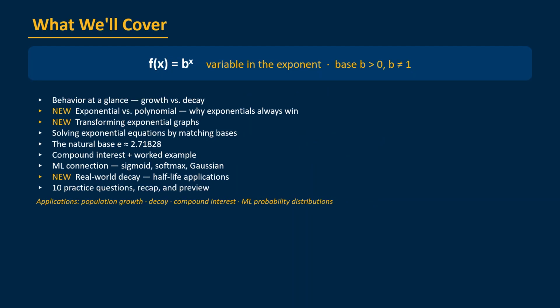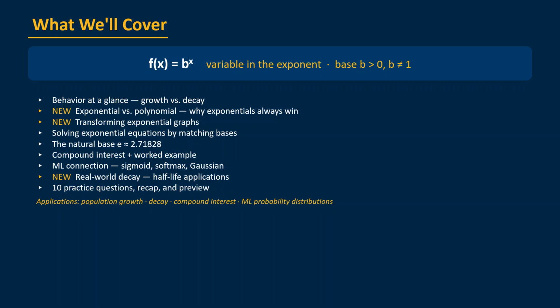An exponential function is defined as f of x equals b to the x, where the independent variable appears in the exponent and the base b is a positive constant strictly not equal to 1. This structural distinction, variable in the exponent rather than the base, is what fundamentally separates exponential functions from polynomial functions, which take the form x to the k.